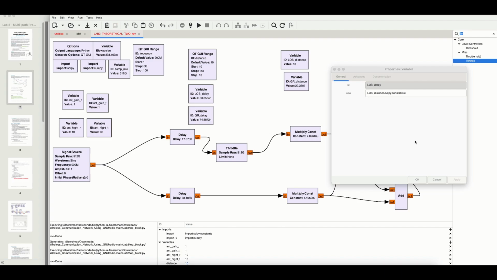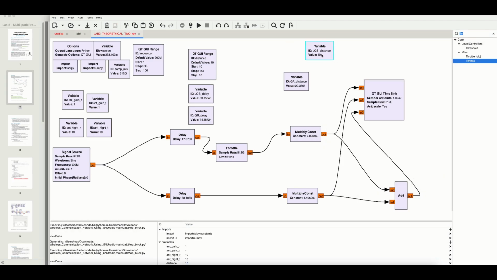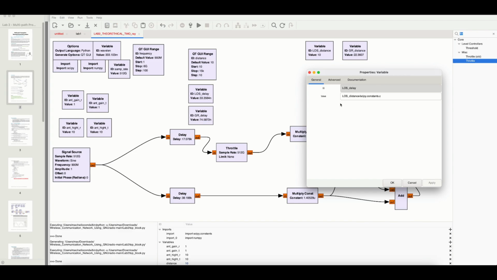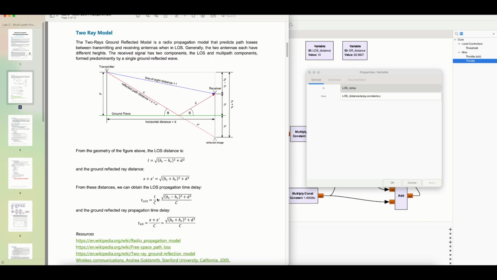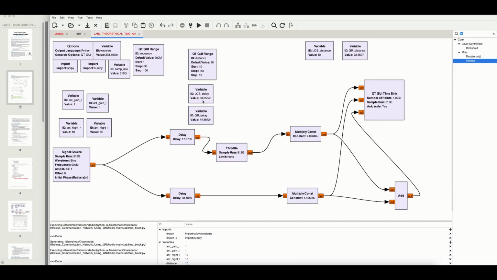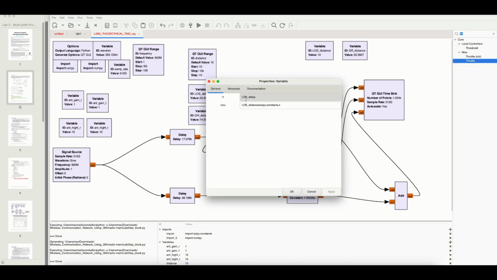Let me move this. Okay, move this here, move this here. So this line of sight delay distance is this, divided by my speed of light. So this is being called here. That is that distance.